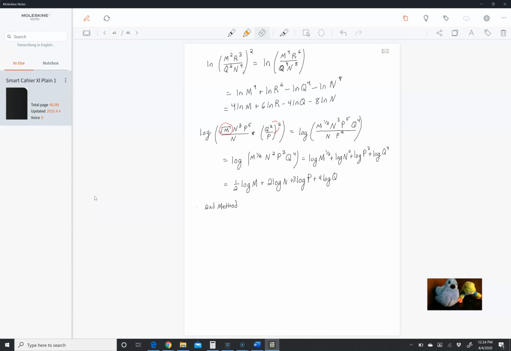So if we separate this, if we expand first, you'll just see the difference. You can do whichever one you're more comfortable with.